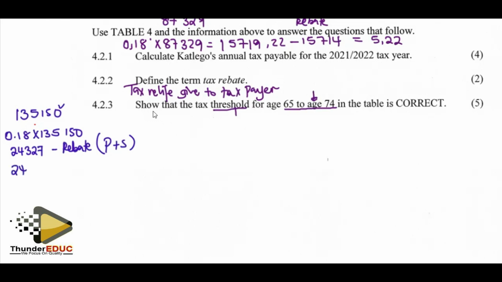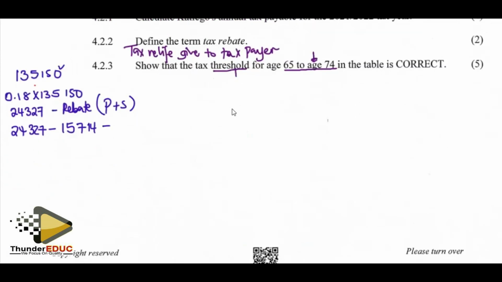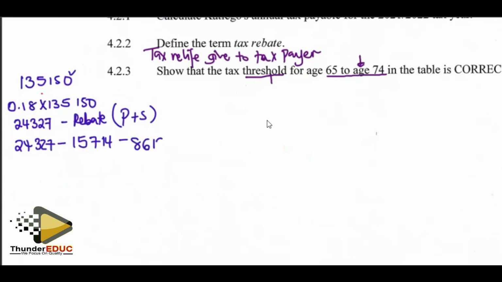So it has to be 24,327 minus the primary rebate, which is 15,714, minus the secondary rebate, which is 8,613. The answer becomes 0.